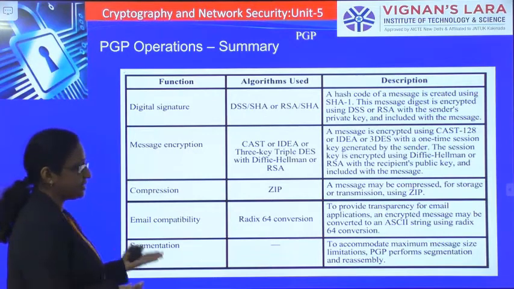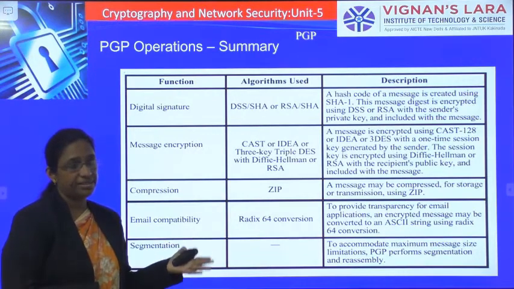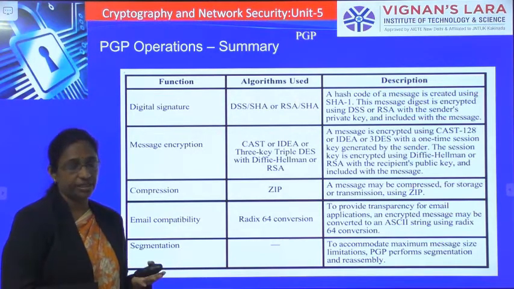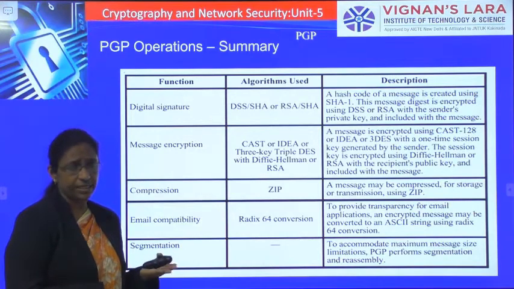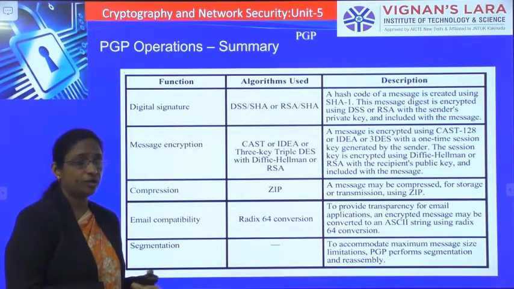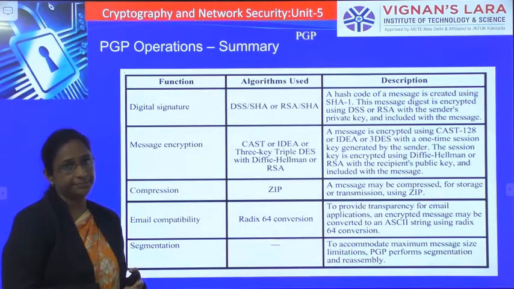And the last one is segmentation. Segmentation is simply dividing the message into segments. If the message length is too big, PGP will automatically divide the message into segments, and then it will be sent through email.